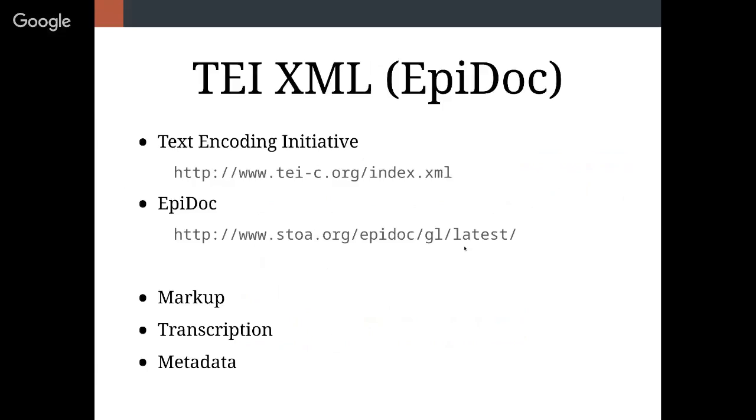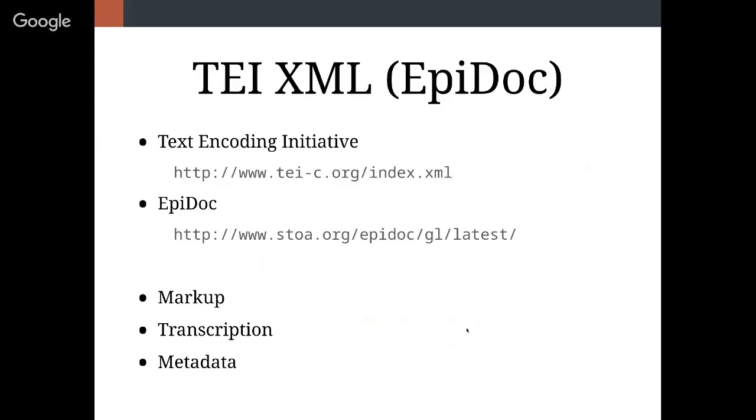So the Text Encoding Initiative is a very broad initiative for the electronic markup of texts, and EpiDoc is a subset of that specifically focuses on the kind of texts that we're interested in. And there are some links there you can see to more information about that.